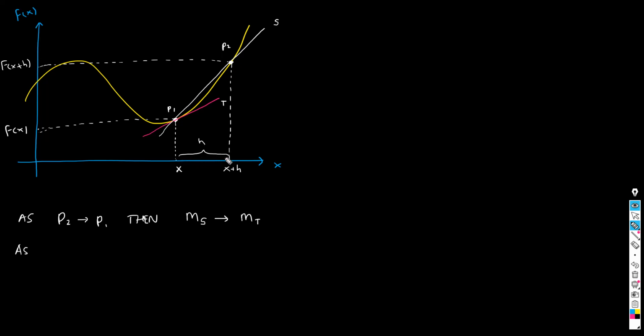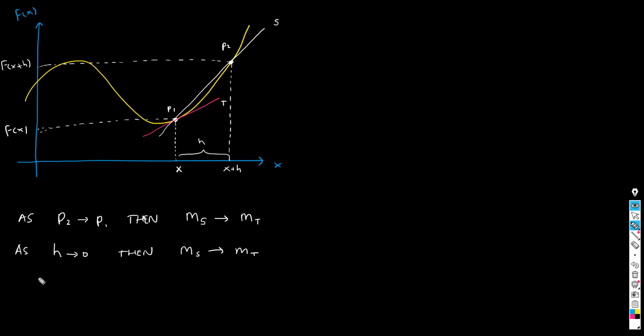It's gonna get smaller and smaller and smaller. h will get smaller and smaller as P2 approaches P1. So this statement is equivalent to this one: as h approaches 0, then I can conclude the same thing. The slope of the secant approaches the slope of the tangent. These two statements are completely and 100% equivalent.